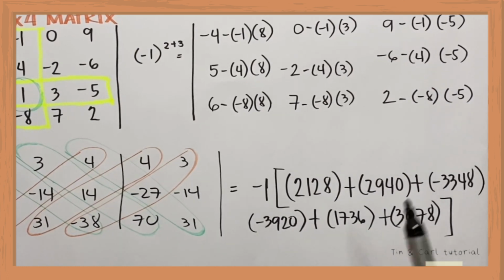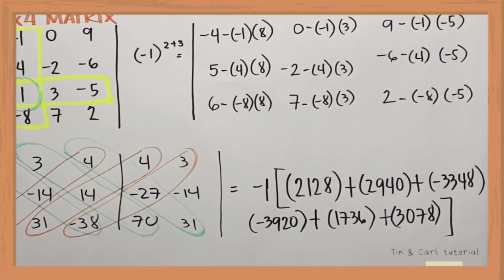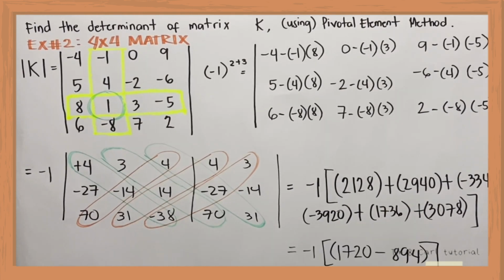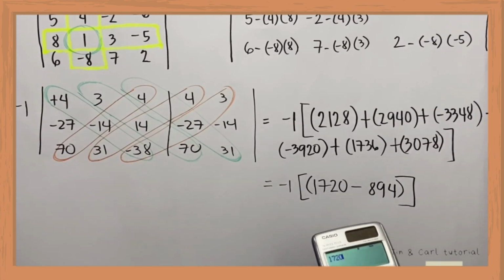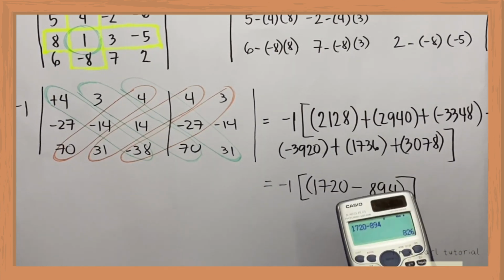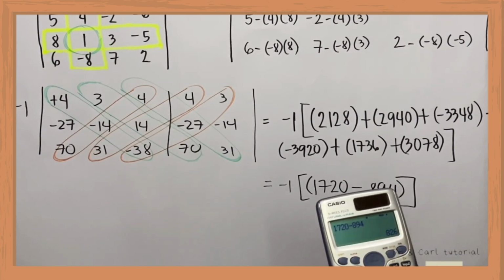So ngayon, i-compute na lang natin to get the final answer or the determinant of matrix A equals. So now, na-compute na natin yung blue-green highlight which equals to 1,720 minus itong orange highlighted part na 894. So, ang gagawin natin is i-minus na yun. 1,720 minus 894 is equals to 826.